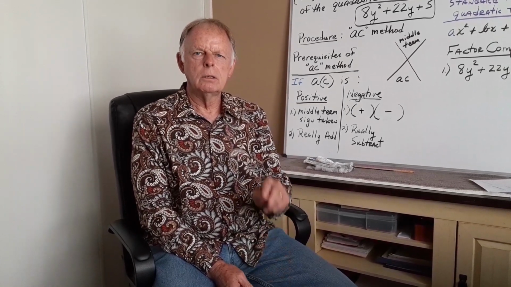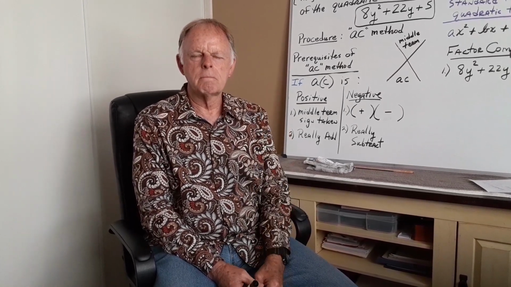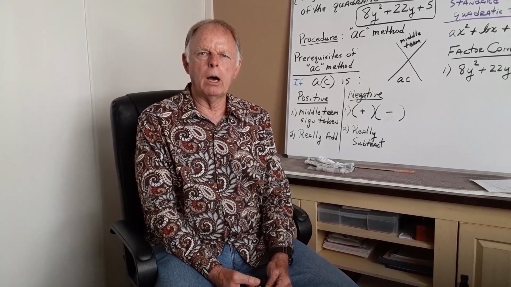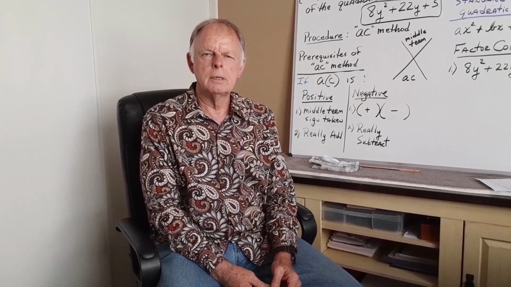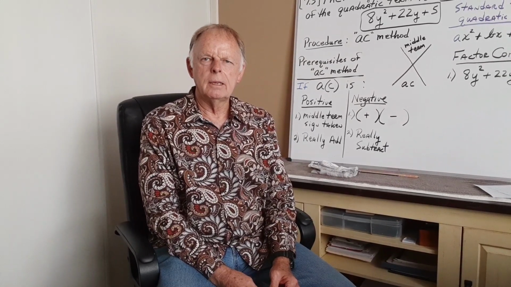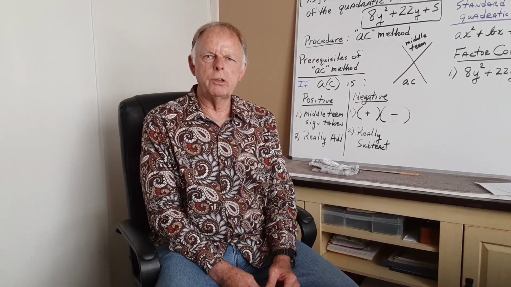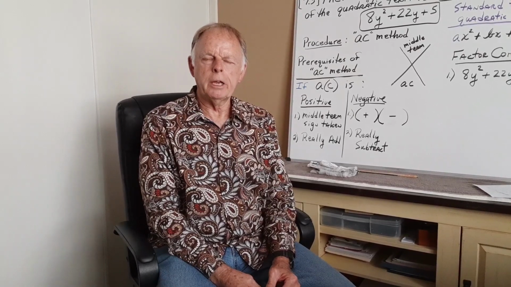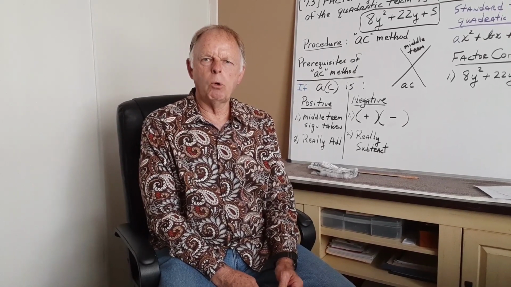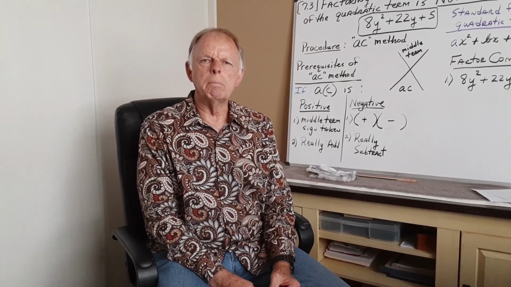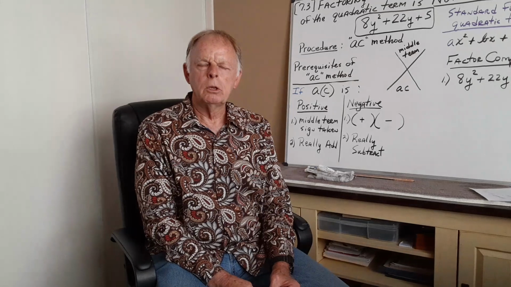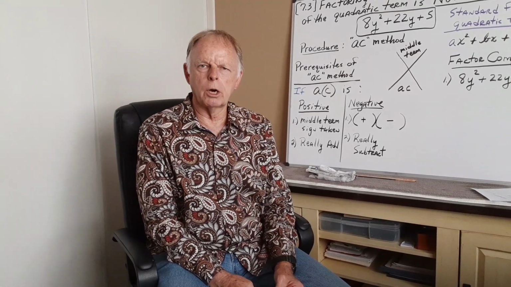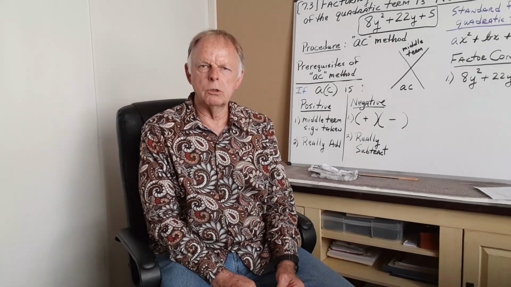In 7-1, we did two techniques: factoring out the GCF and completing the factorization. Secondly, taking a polynomial that has four terms and factoring it by grouping. And then in 7.2, we moved from a polynomial that had four terms to a polynomial that had three terms, trinomials.